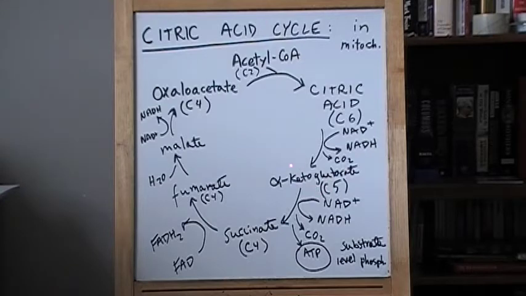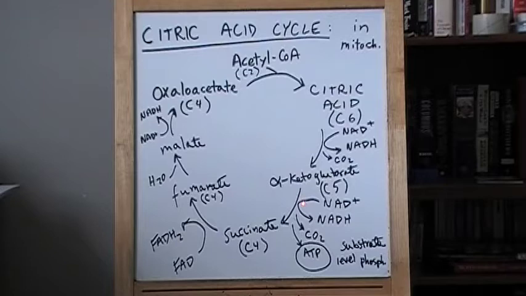Next, the alpha-ketoglutarate is further oxidized, forming more NADH, and another CO2 is removed. And now some ATP is formed. The process of ATP formation here is called substrate-level phosphorylation.